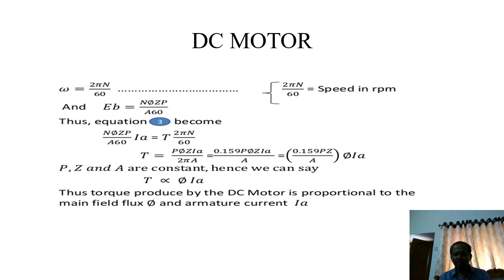Thus the torque produced by the DC motor is proportional to the main field flux and armature current Ia. So this is the torque equation when the machine is rotating. Once again, remember all of this, which we will discuss in the class.